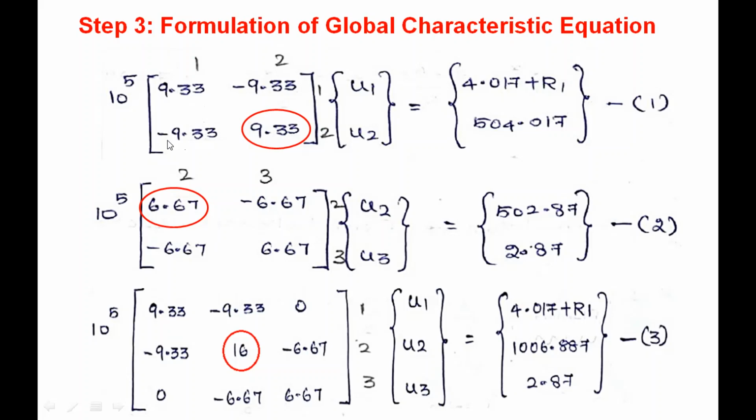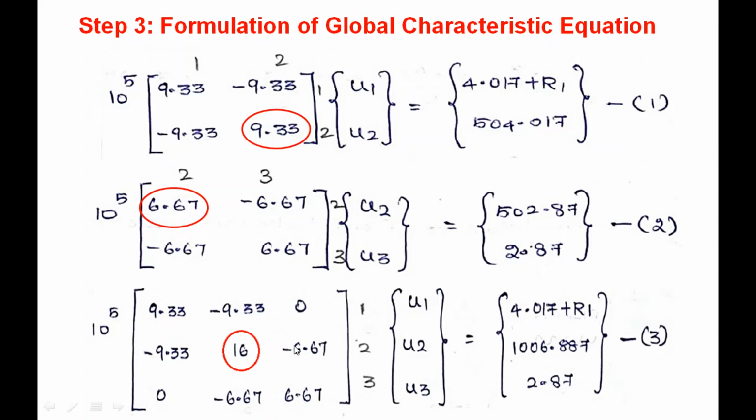Similarly, for the second row, first element of the matrix, we use minus 9.33 as it is. Then this is the common node, element 2 2, which is there in equation 1 as well as equation 2.